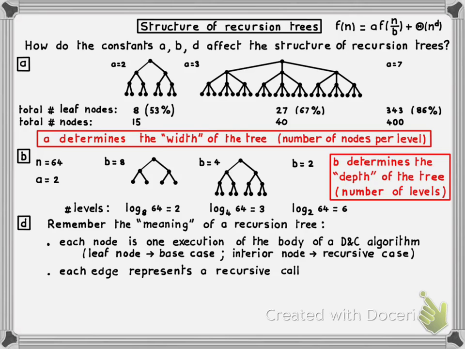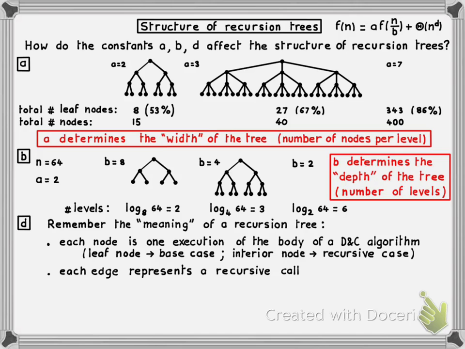Now, the edges, on the other hand, represent the actual recursive calls. So, for example, this node corresponds to the execution of the original call to the recursive or divide and conquer algorithm. This edge corresponds to the first recursive call. This edge corresponds to the second recursive call.